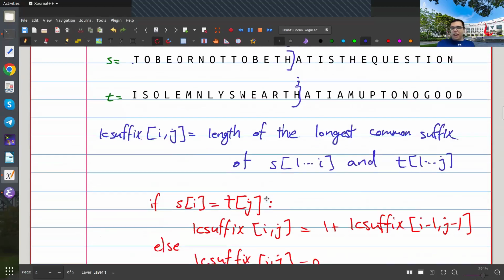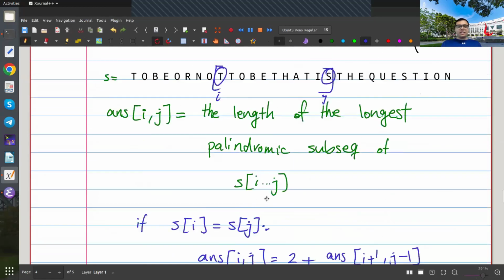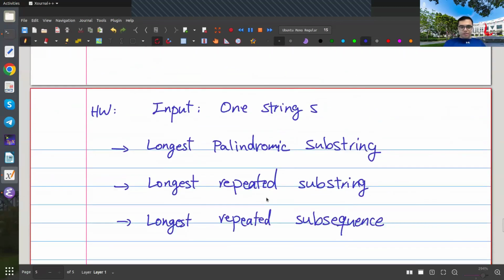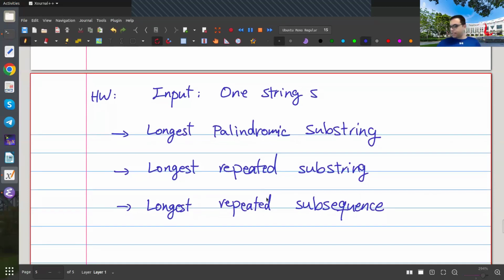The ideas are very similar. You have to just somehow look into substrings that are obtained by removing some prefix and some suffix, and then define subproblems on them, find the relationship between those subproblems, and so on. So that's it. I'll see you tomorrow.